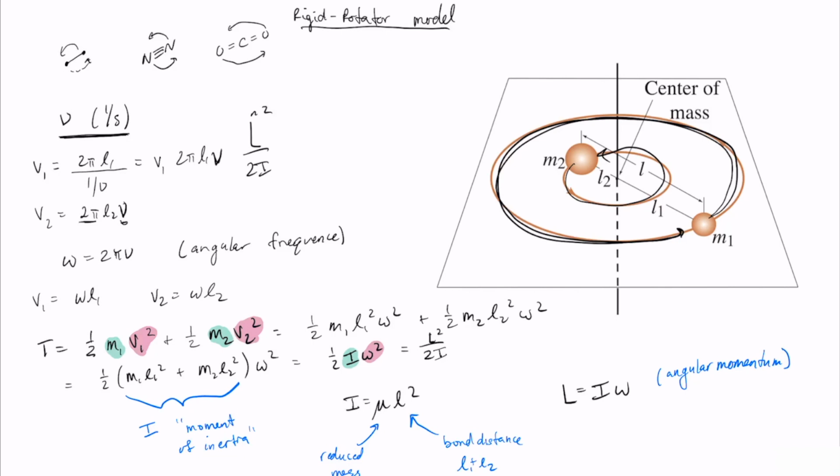And this is the kinetic energy, and this is going to look like minus h bar squared over 2I del squared. But importantly, with a fixed distance.